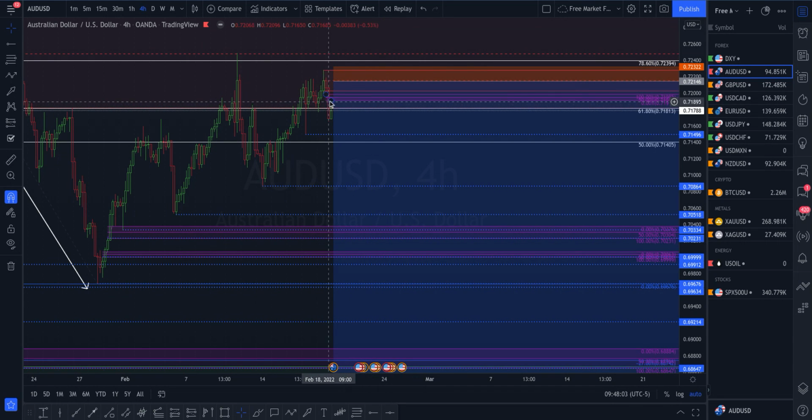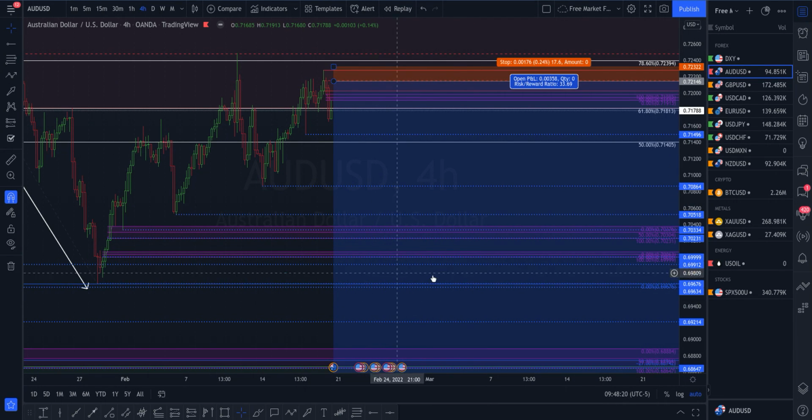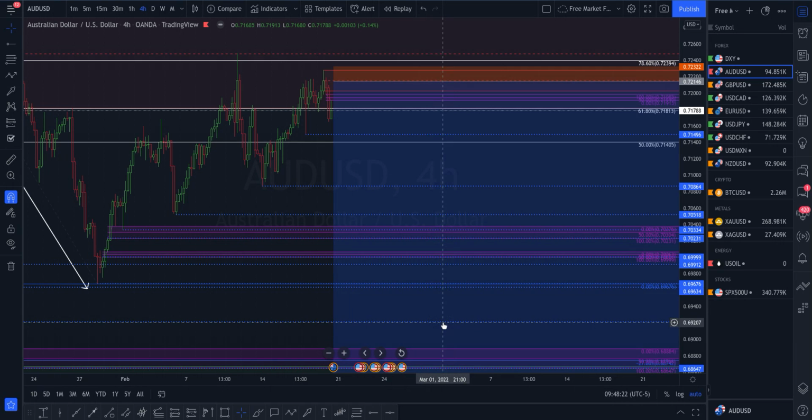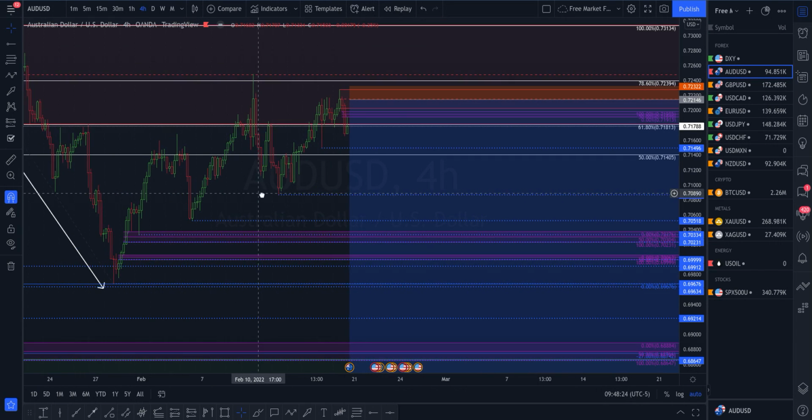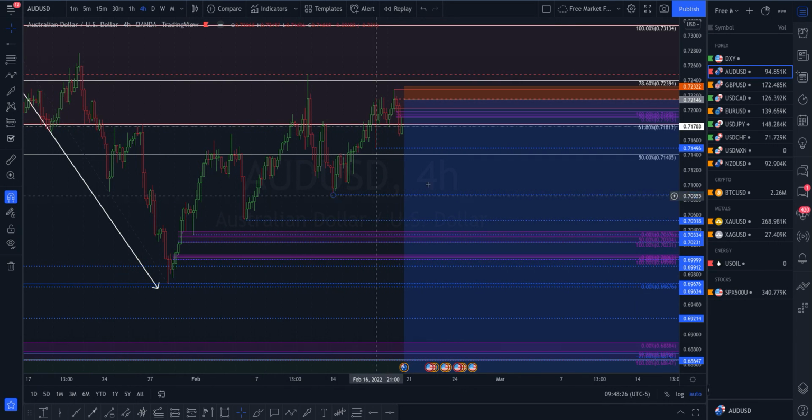We also have imbalance to the upside that can be a magnet for the market to push up and then find support within this supply area here and start to push down. So that is the Australian dollar.